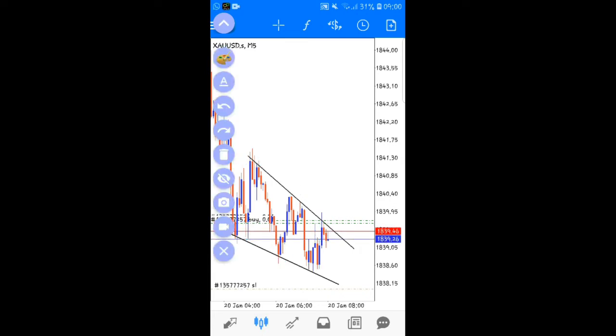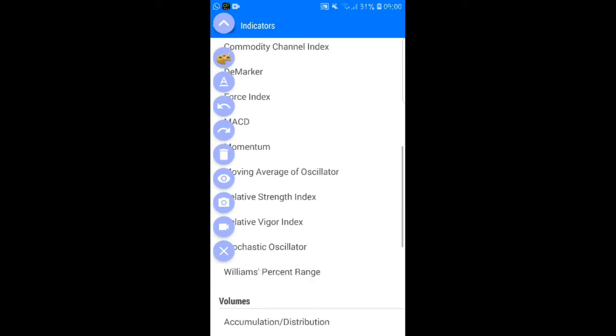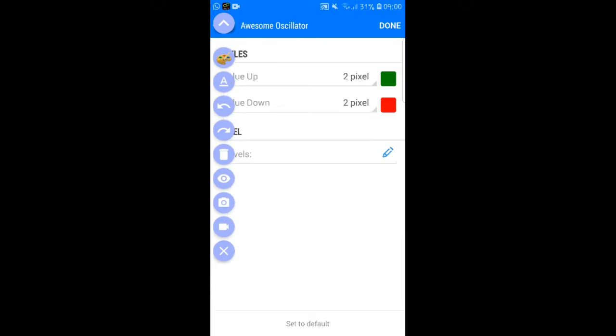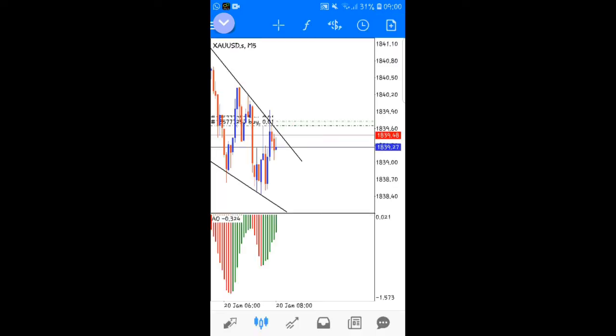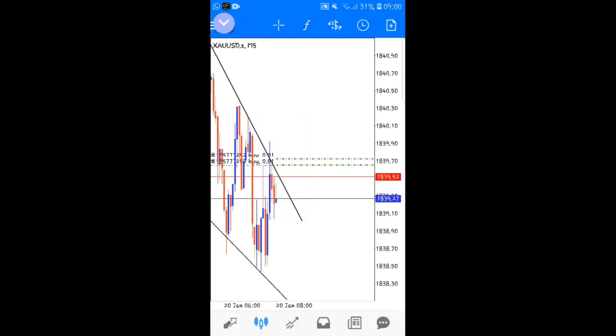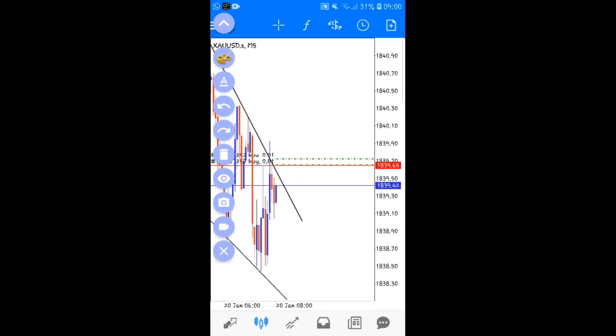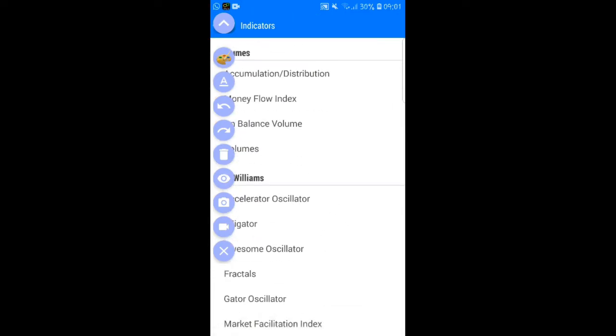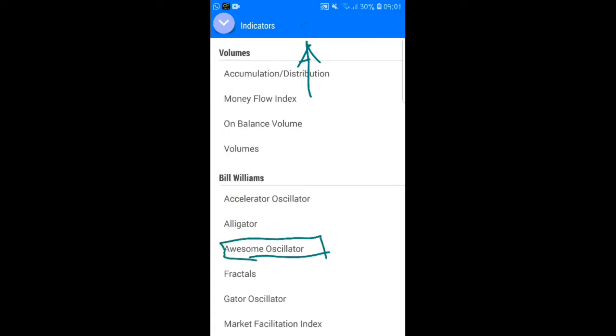But something interesting is I like using this indicator. It's called the awesome oscillator. You just go to this F button here, you click on it, and then you go down, then you find this awesome oscillator here.